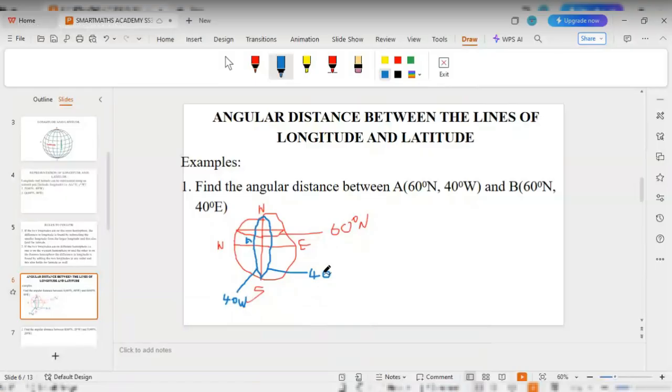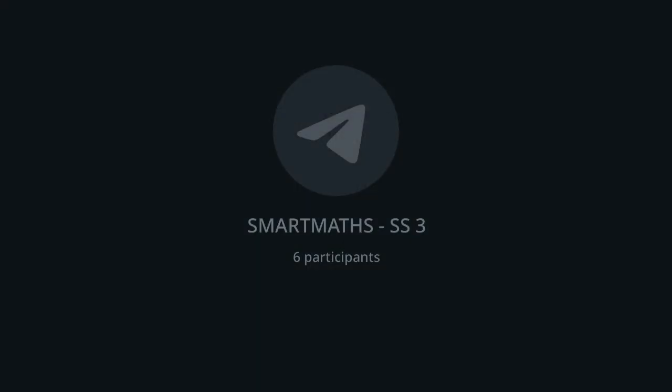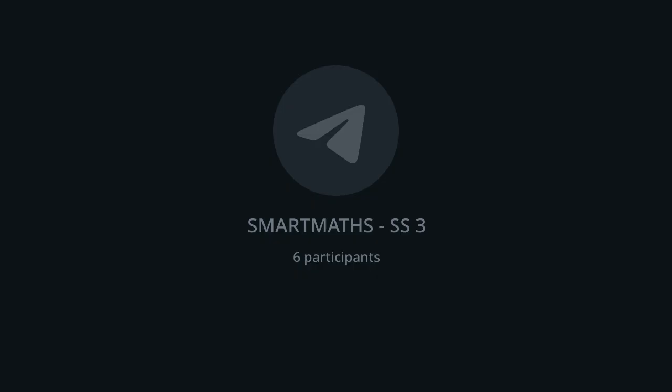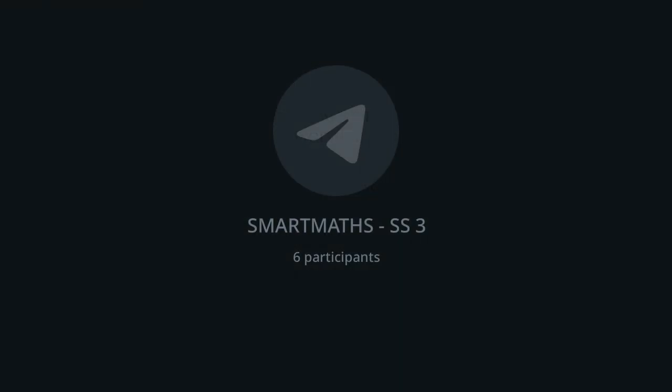Now, this is how to locate a point on the earth's surface. The point of intersection of latitude and longitude is point B. Then to get the angular difference, we have theta equals to.